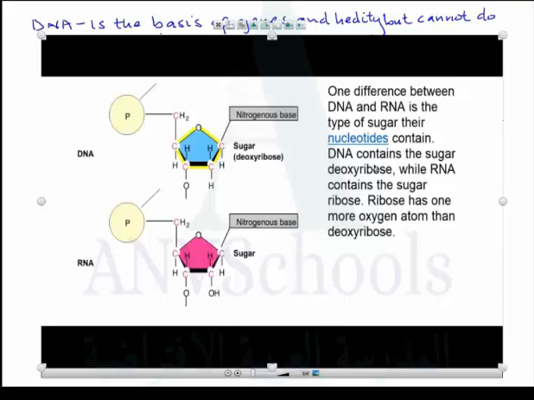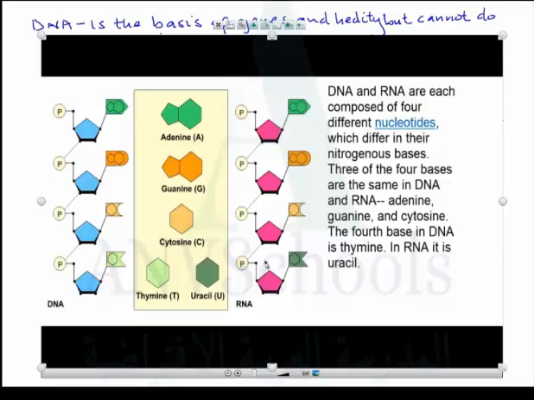So the DNA will have the deoxyribose sugar, while the RNA will have the ribose sugar. That is the difference, and the nitrogen base remains the same.